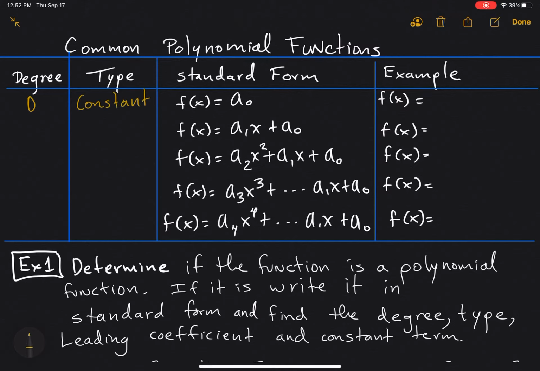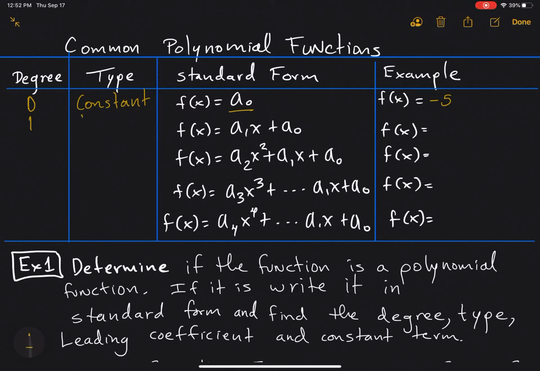An example in standard form would be f of x equal to any constant, for example, negative 5. The degree here is 0, because we could write negative 5x to the 0 power if you want to. So the degree is 0.